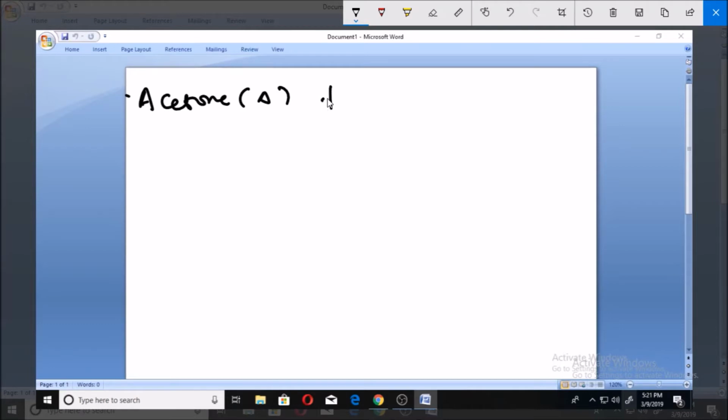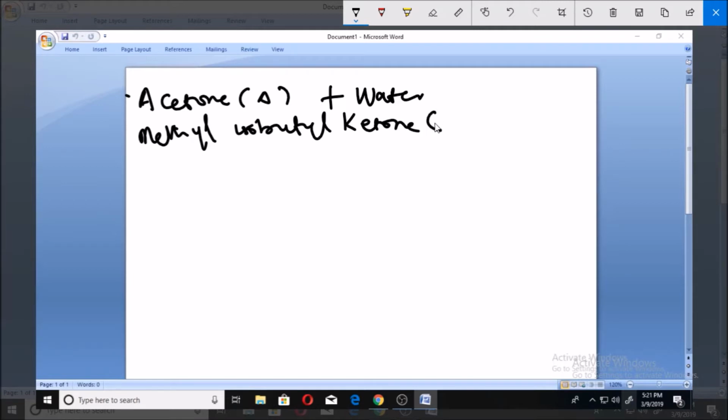So we actually have acetone and water, by means of methyl isobutyl ketone, also known as MIK, at a temperature of 25 degrees Celsius.